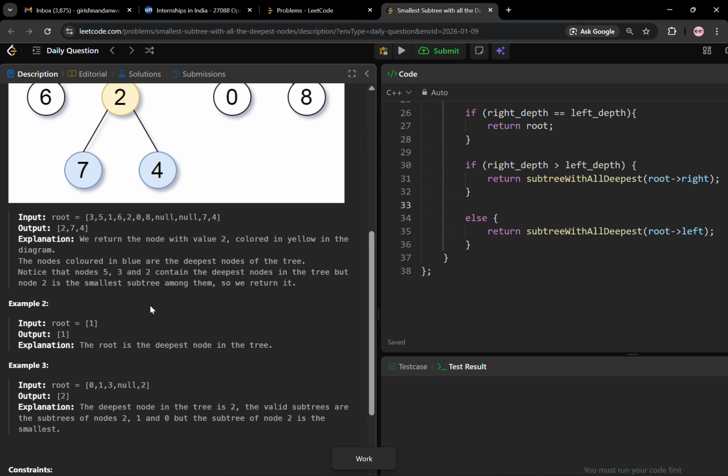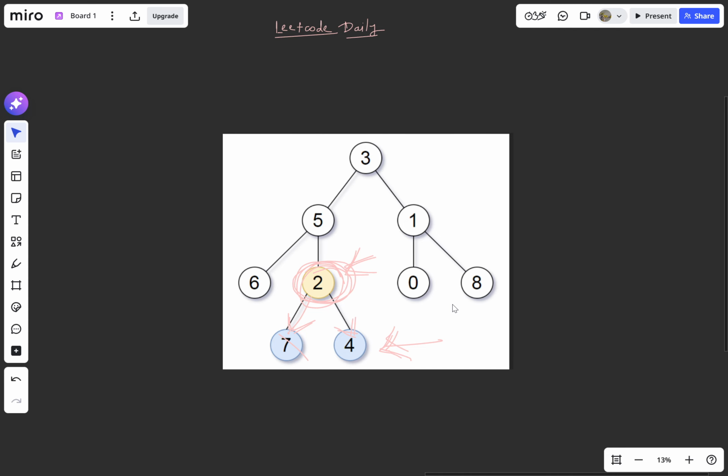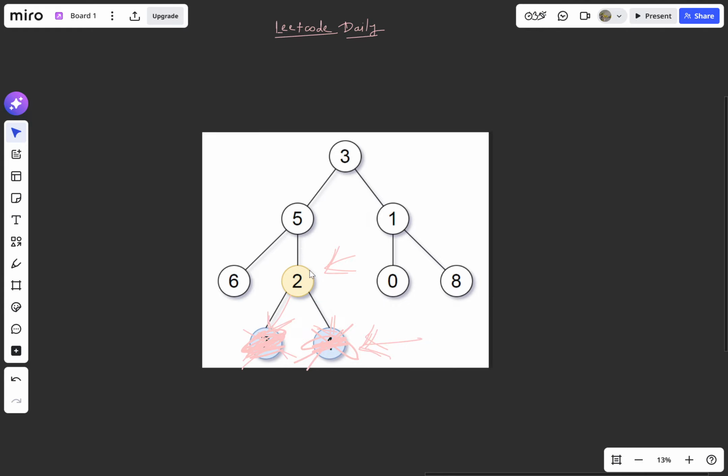Now let's take this second example. Here 6, 2, 0 and 8 and 1, 5 and 3, these are the only nodes present.